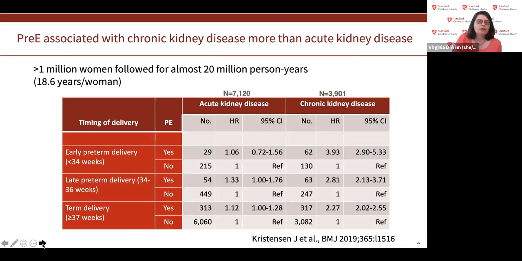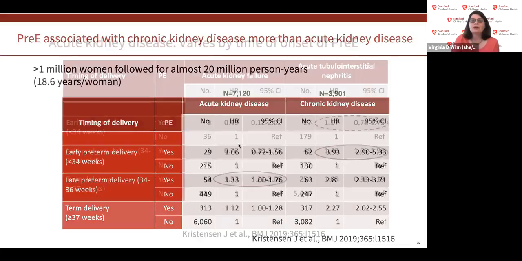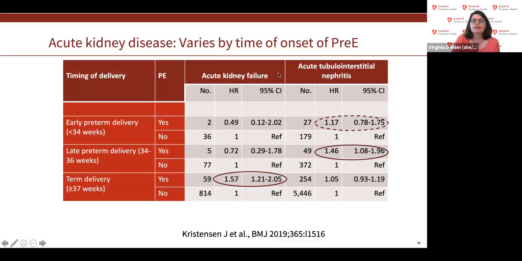These authors went on further to actually break down the acute kidney disease into failure versus tubulointerstitial nephritis. And what this highlights is that for acute kidney disease, it was only significantly associated in the term population, and the acute tubular interstitial nephritis was more associated in the earlier presentation.